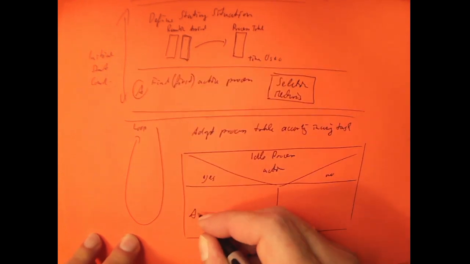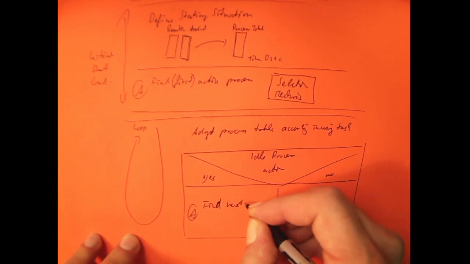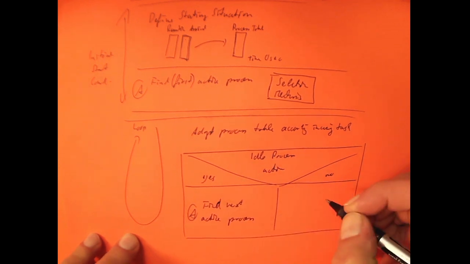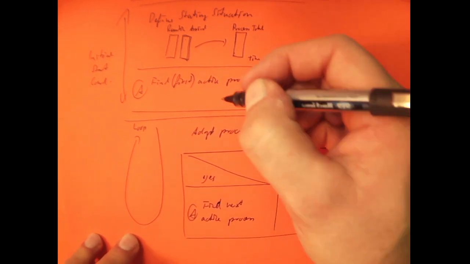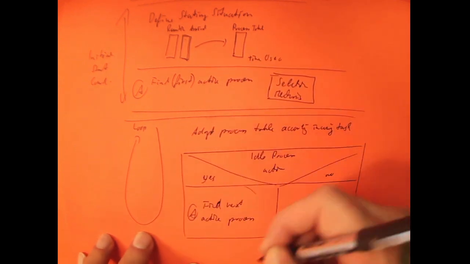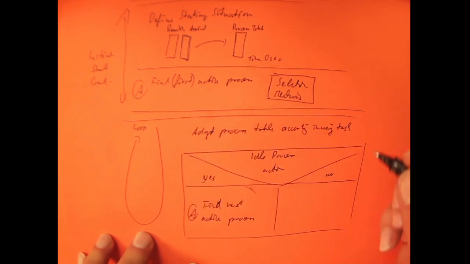So let's call it A, find next active process. So it searches the next active process. It's the same selection mechanism like here, and as long as there is no process active, we'll keep the state of the idle. So the idle process will be operated.